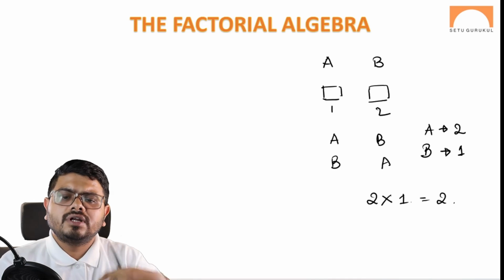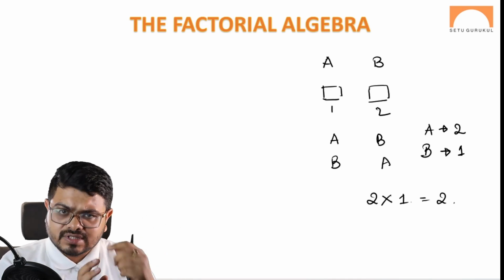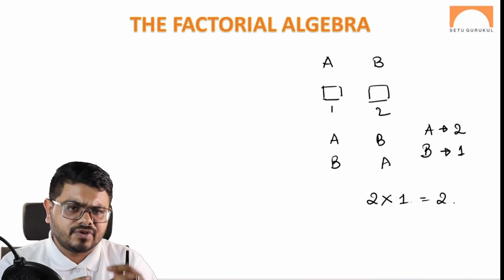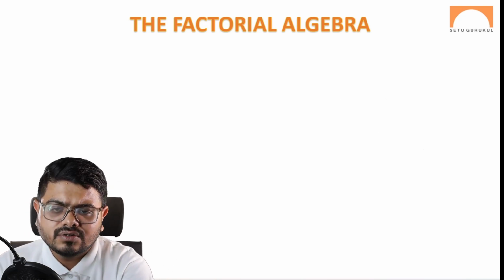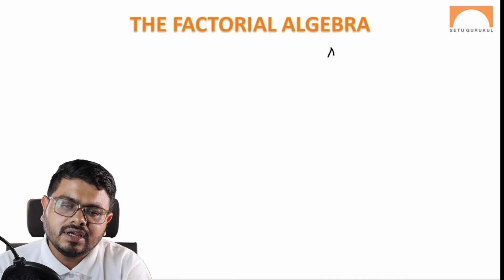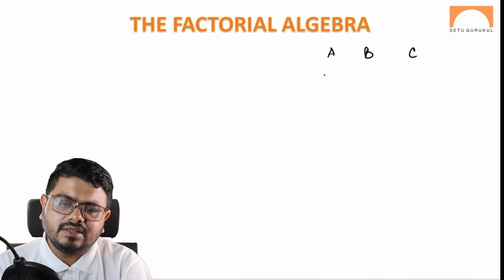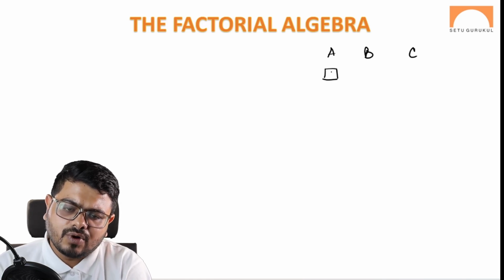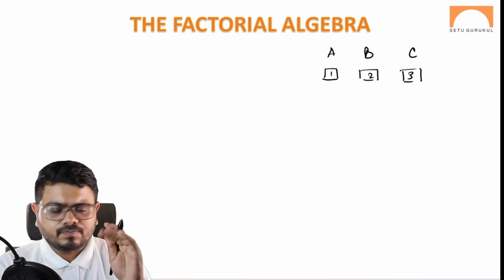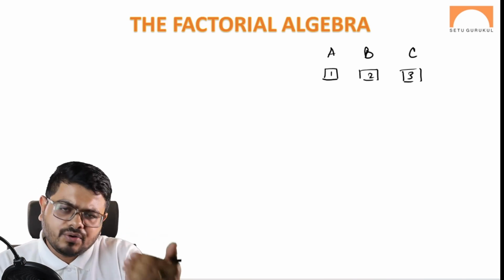Let me elaborate a little bit more on this example, so you would get the essence of how it is different from a regular counting. For that matter, let me introduce a third person over here, which is A, B, and then C. And same way, there was chair 1, chair number 2, and chair number 3, right? So now A comes up.